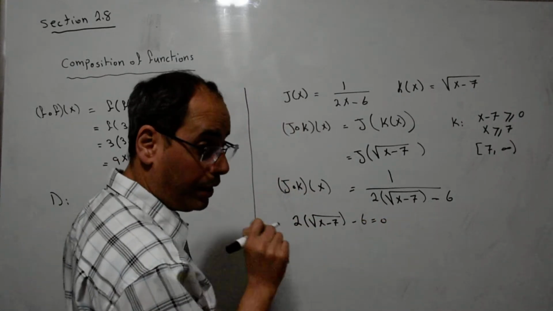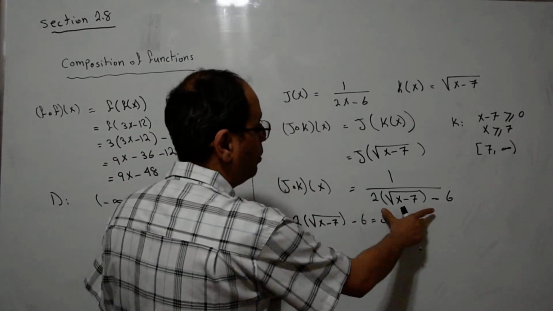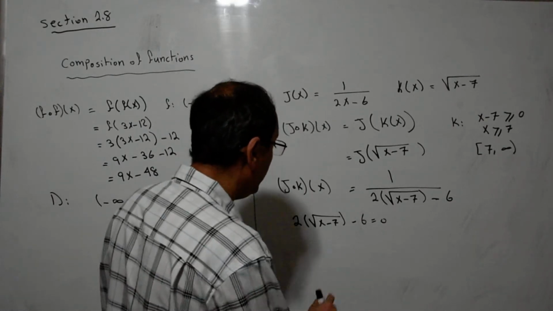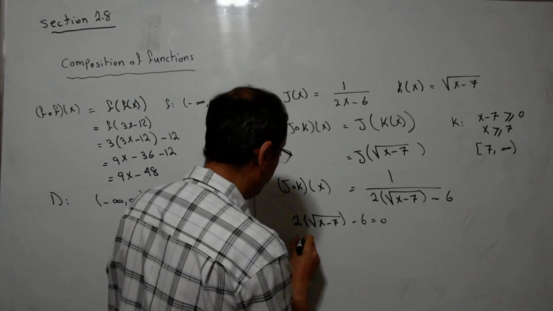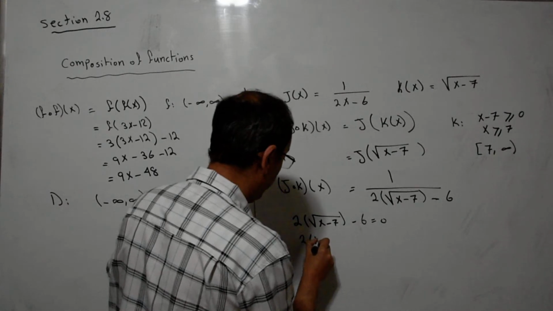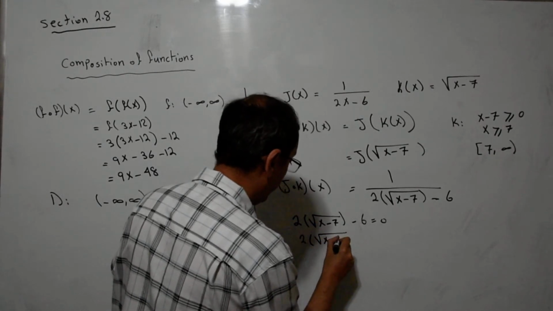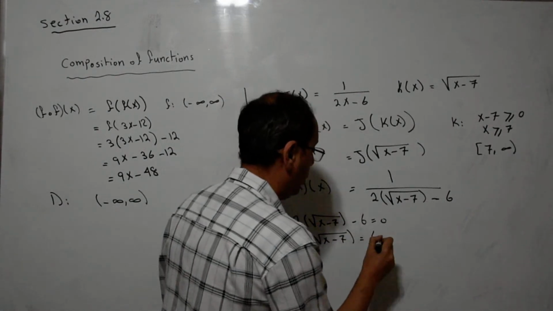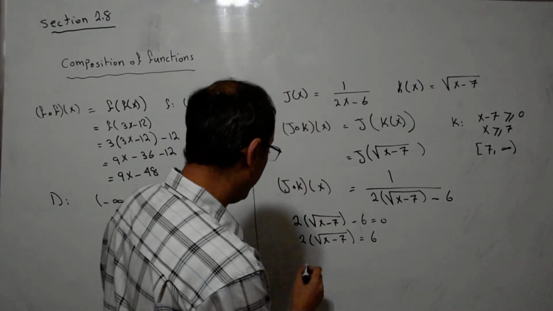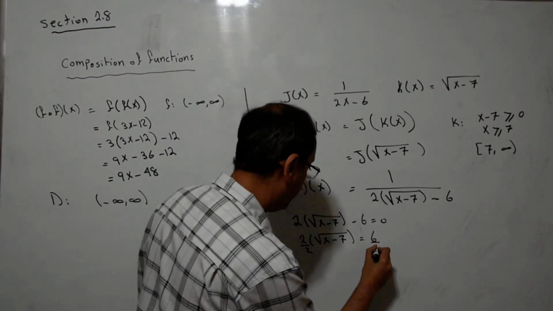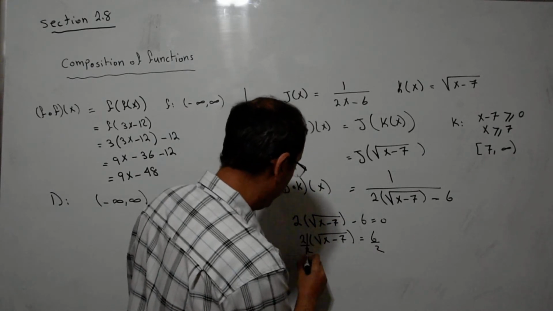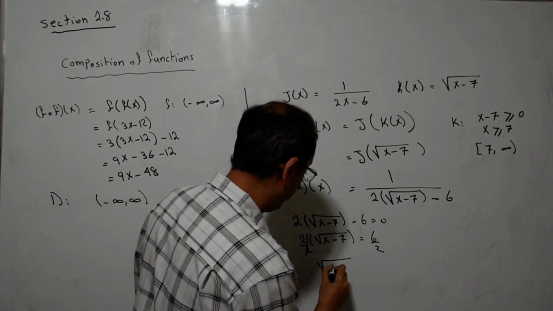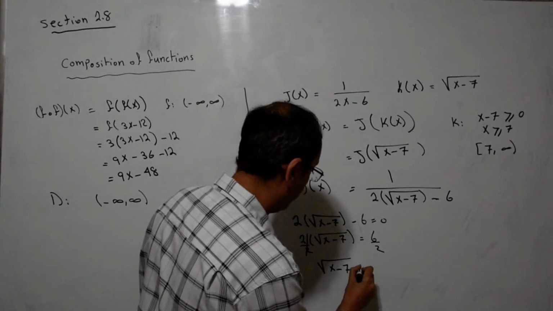I'm trying to find the value of x that makes the denominator 0. Okay, first we add 6 to both sides. So I have 2 times the square root of x minus 7 equals 6. Then divide by 2, so I have here square root of x minus 7 equals 3.